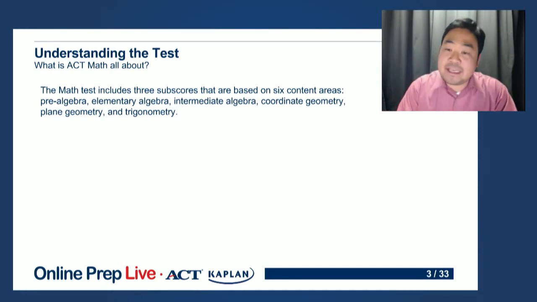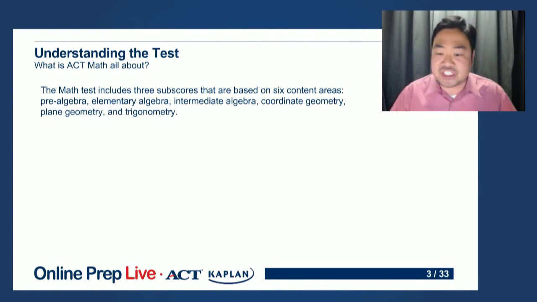Really quickly, just to summarize what the ACT math is all about, what we see here is that the ACT math test includes 3 subscores based on those 6 content areas. You may be looking at those content areas like, whoa, some of those look a little bit trickier.